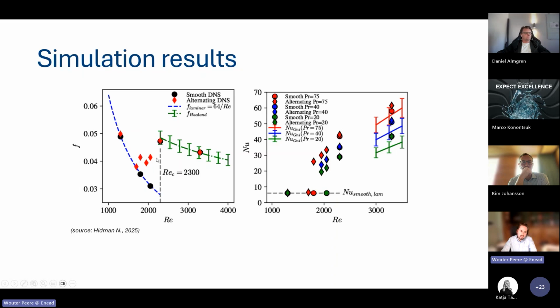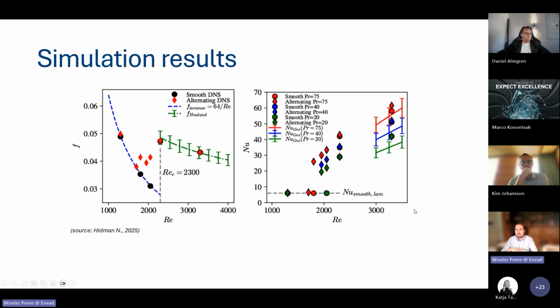And then we have these red icons, which are the TurboCollector simulations. And as you can see, around 1,800, the friction factor increases and the pressure drop hence also increases until 2,300, when it was already turbulent, and then it follows again this line.